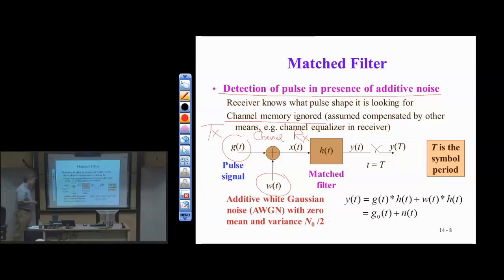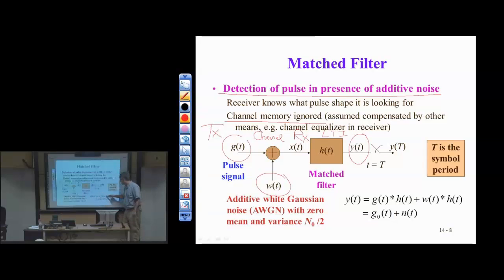So if we look at what happens, we've got a lot of LTI system stuff here. The matched filter is assumed to be LTI, linear and time invariant, initial conditions are 0, and so forth. The output of the matched filter, y(t), has 2 components.